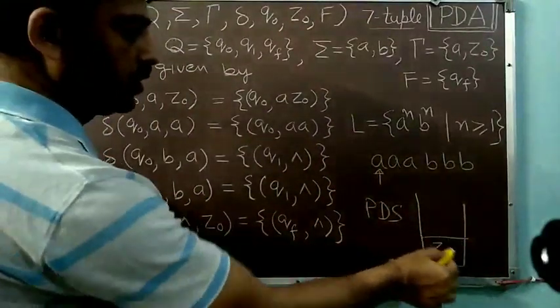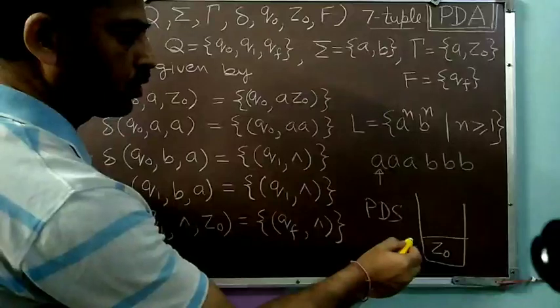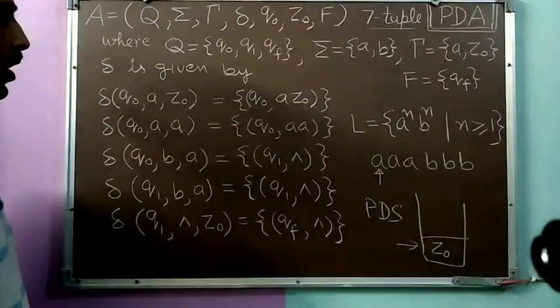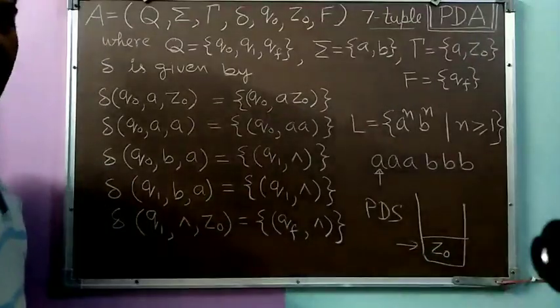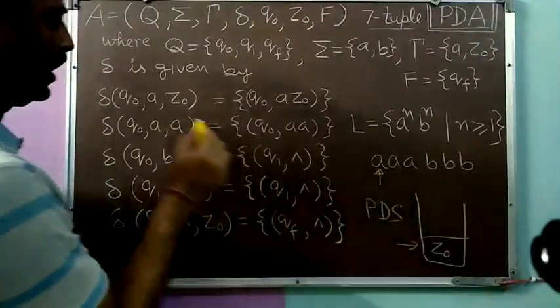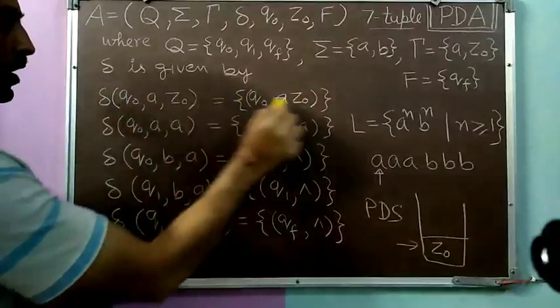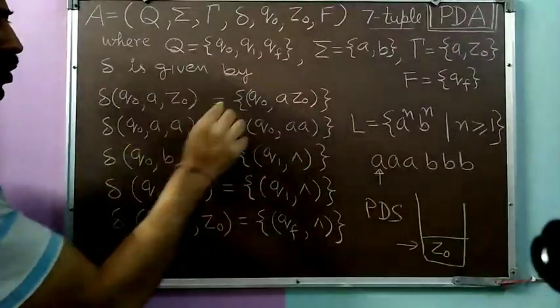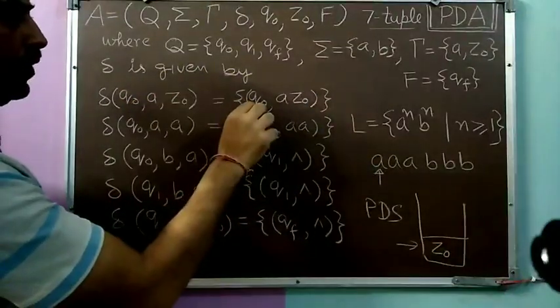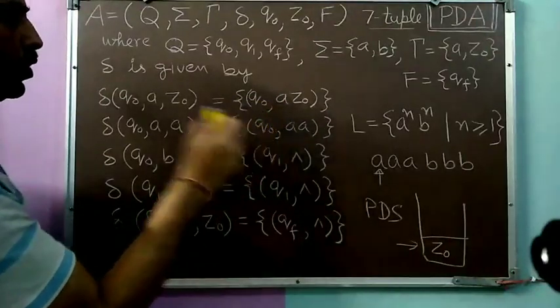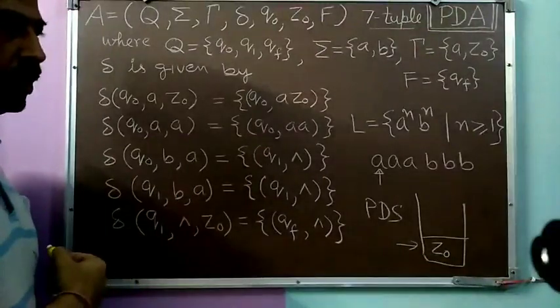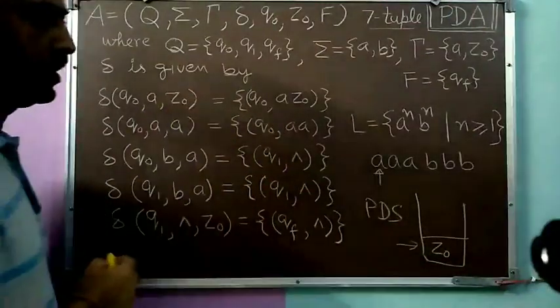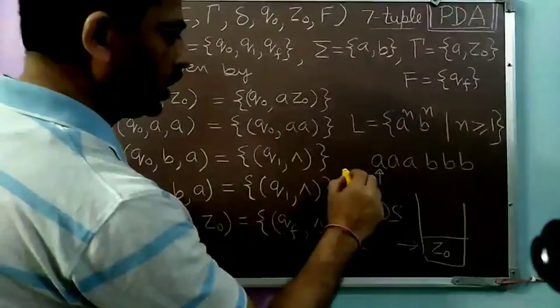We are reading A, and Z0 is on the top of the pushdown store, the topmost symbol. So we are in the state Q0, Z0 is on top, and we are reading an A. So this transition will be valid. According to this transition, we have to move to the state Q0. We were already in Q0, so the state will remain the same, Q0.